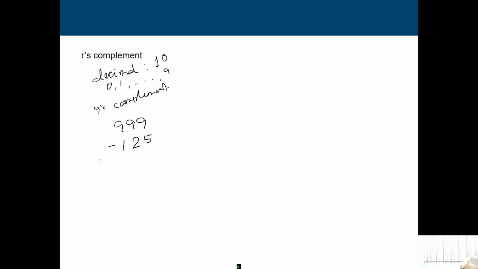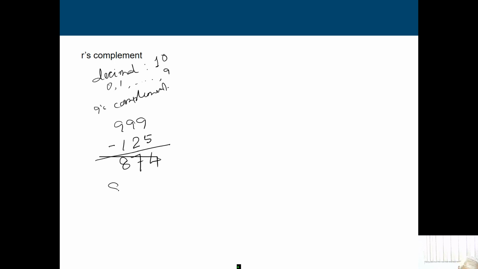We subtract the given number from this maximum possible number 999. So what am I going to get? 9 minus 5 is 4, 9 minus 2 is 7, 9 minus 1 is 8. So the 9's complement of 125 is 874.